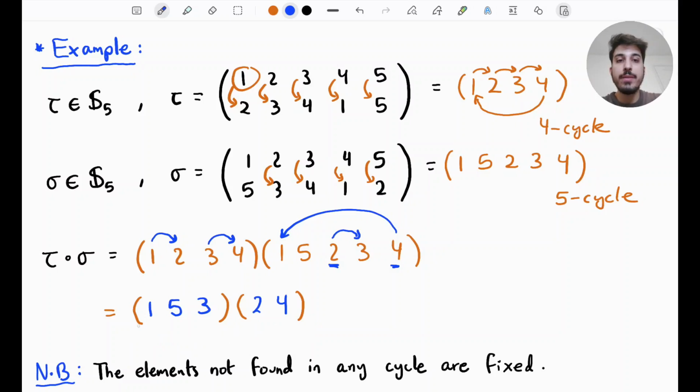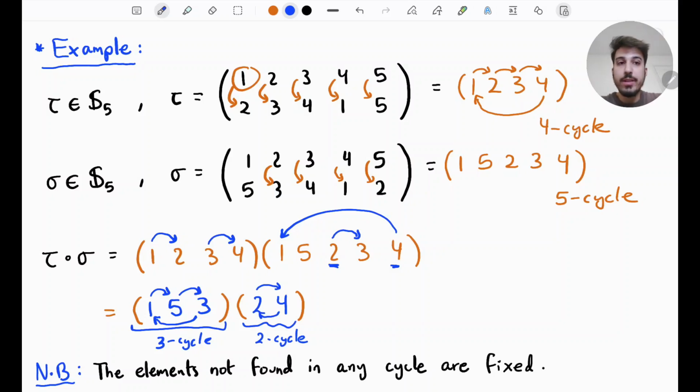So here we have a 3 cycle and a 2 cycle describing this permutation. So 1 is sent to 5, 5 is sent to 3, 3 is sent to 1, and 2 is sent to 4, and 4 is sent to 2.